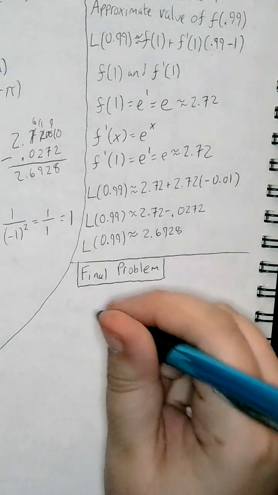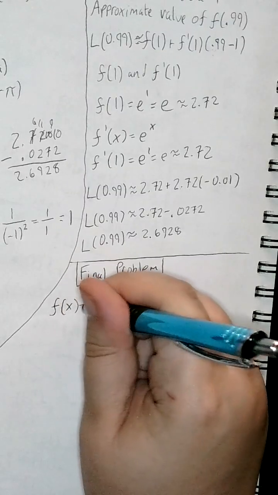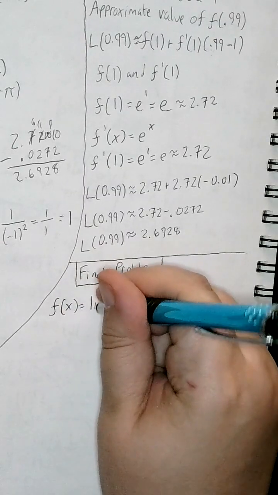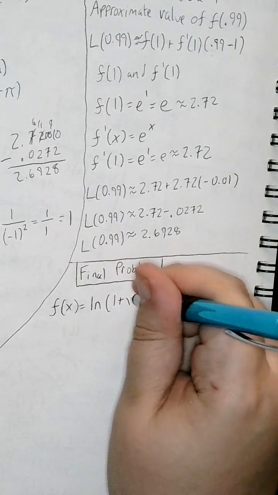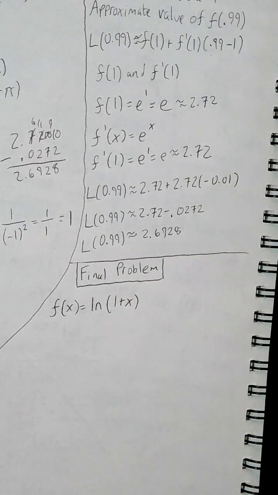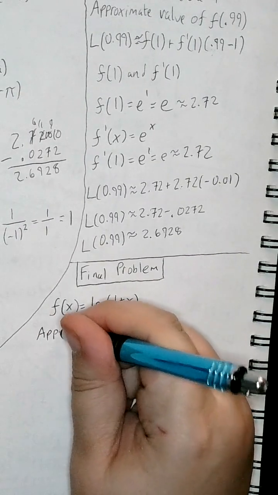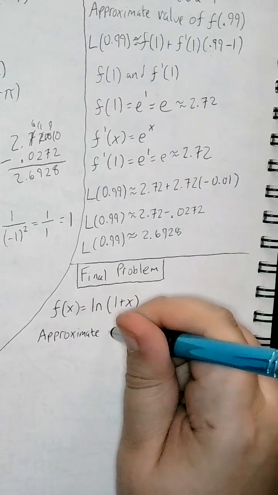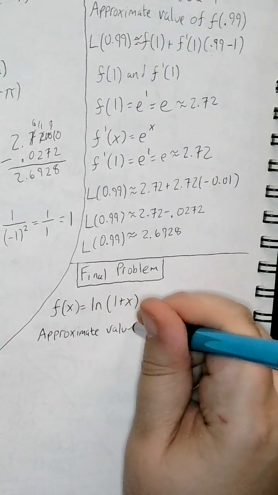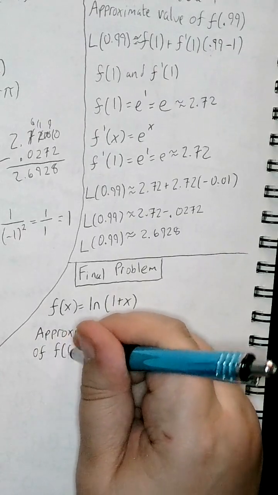Let's go ahead and look at the final problem. I have f of x equal to the natural log of 1 plus x, and I want to approximate the value of f of 0.1.